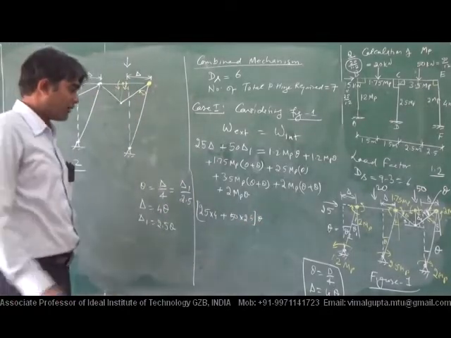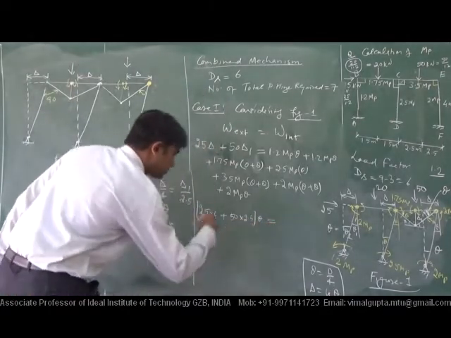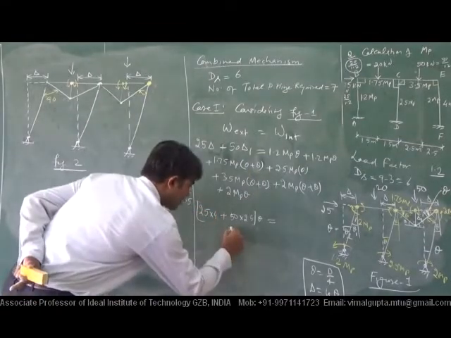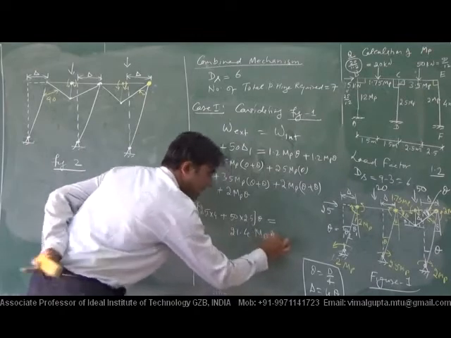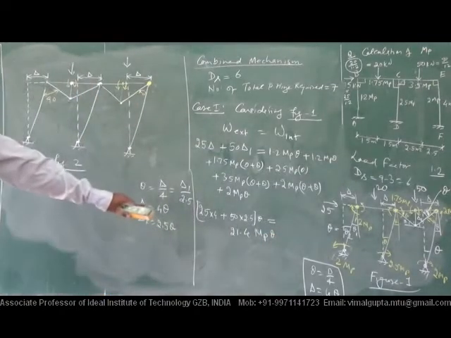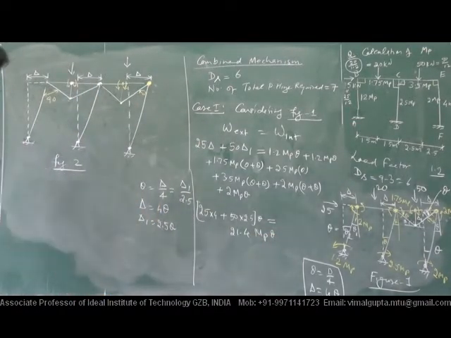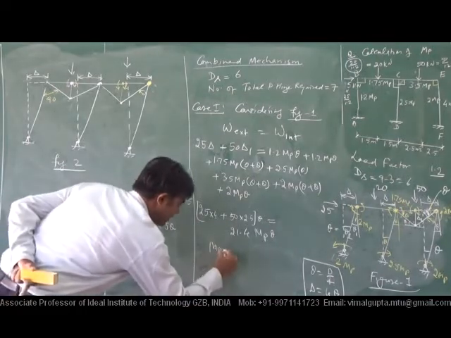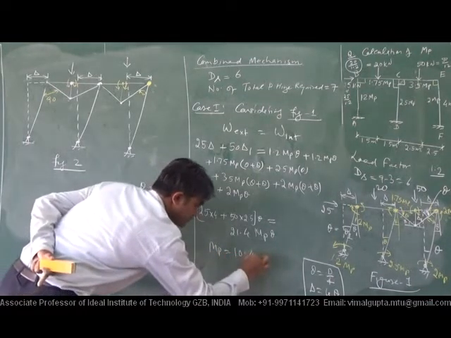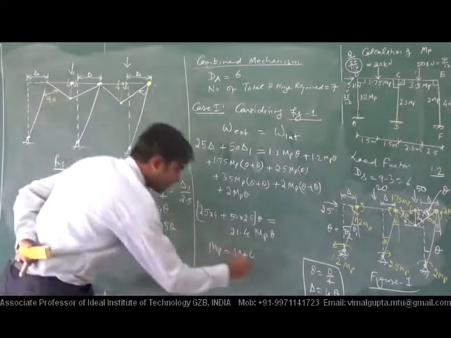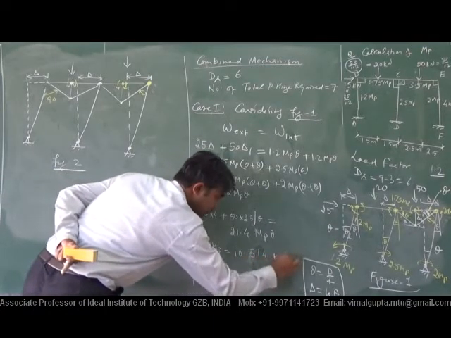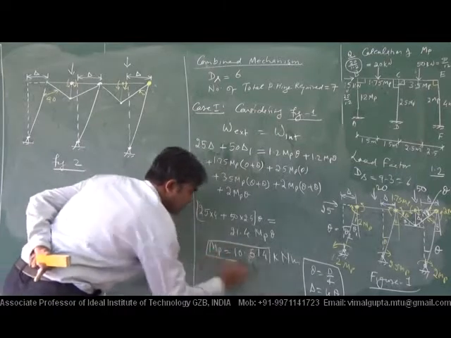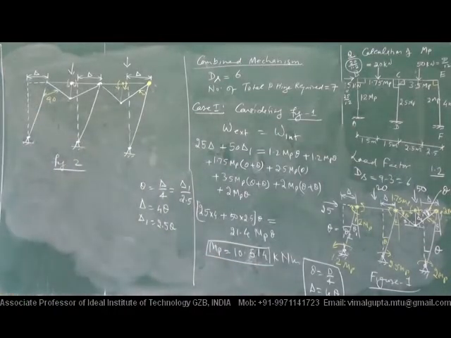Clear? Equals to total, tell me, 21.4 MP into theta. Clear? Is it correct? So 10.514 units. It is simple, not difficult.